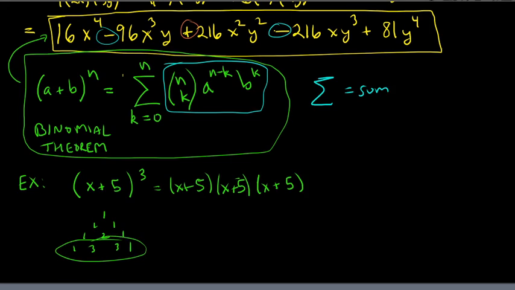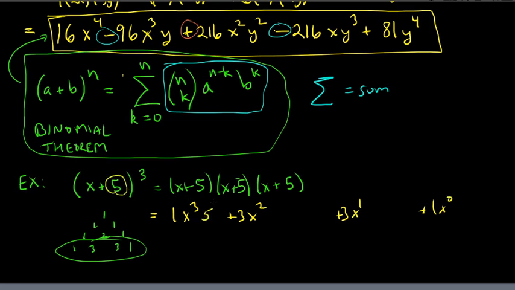In fact, let's do it. So this is going to be 1, 3, 3, 1, plus, plus, plus. Right? So this is just going to be x to the 3, x to the 2, x to the 1, x to the 0. But then the b term here is 5.